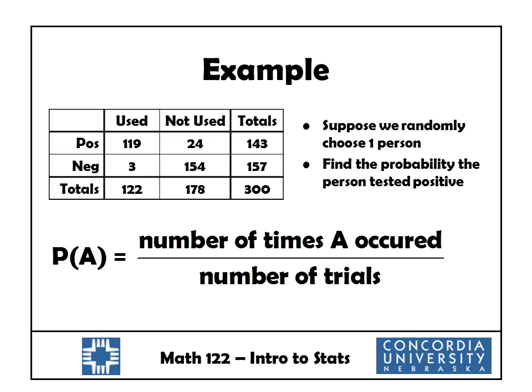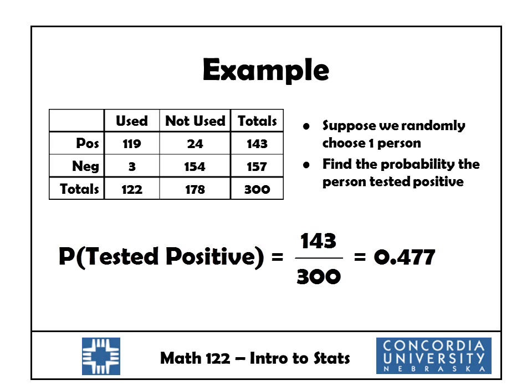Out of those, a total of 143 people tested positive, so that's the number of times the event occurred. Thus, the probability the person tested positive is 143 divided by 300, or 0.477. So in practical terms, that means that 47.7% of the people in this experiment tested positive.